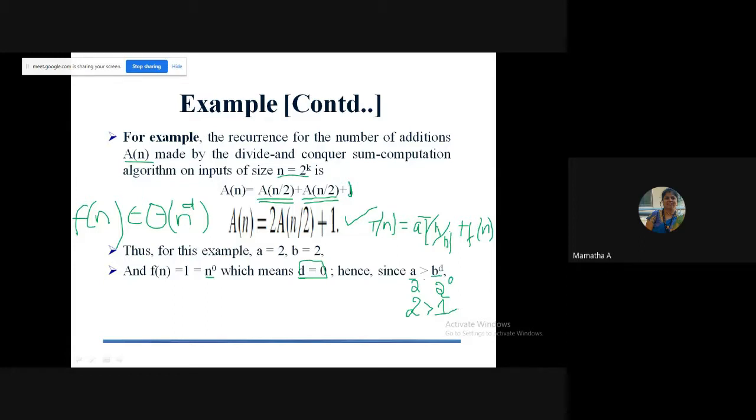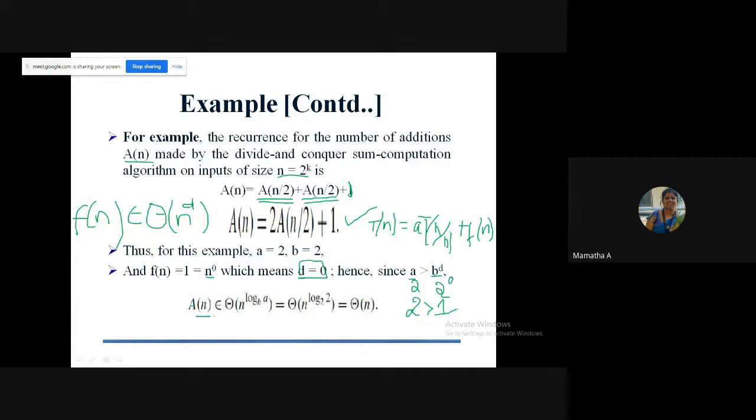As you all know, if a is greater than b power d, what is its order of growth? A of n belongs to theta of n to the power log a to base b.